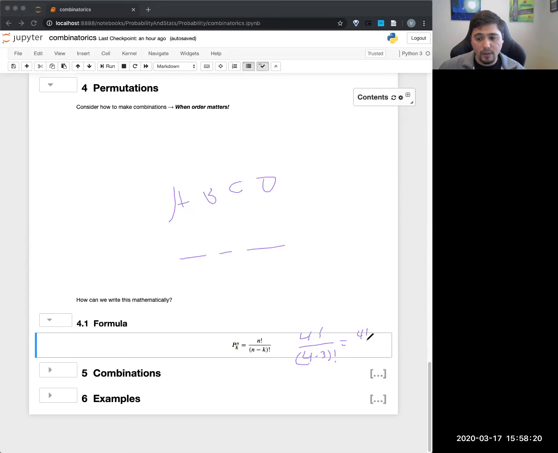So 4 factorial ends up being 4 times 3 times 2 times 1, which is essentially just 24 things. I'm not going to write 24 different things, but you get the point. You can do this when order matters.